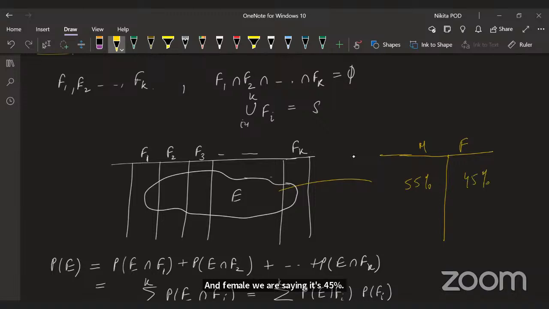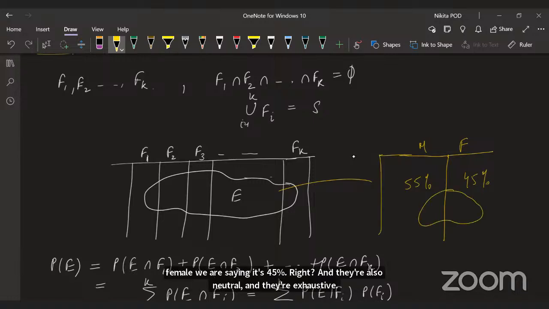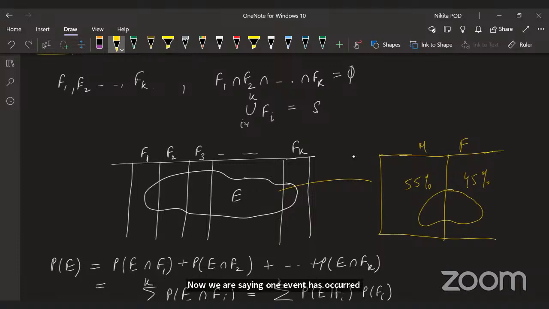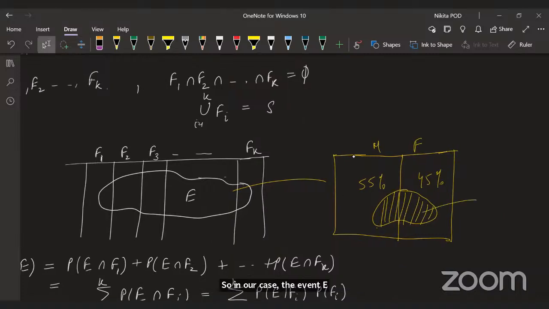And they're also mutually exclusive and exhaustive. Now we are saying one event has occurred. Let's say this is my whole population. So let's say some event E has occurred. In our case, the event E is the person being left-handed. Let's denote it as L.